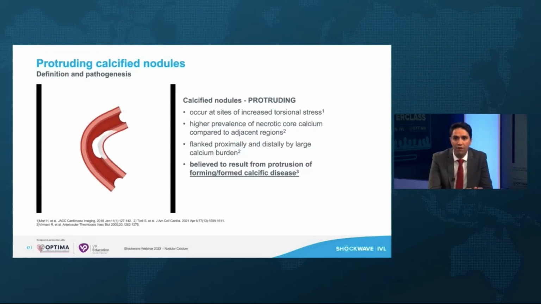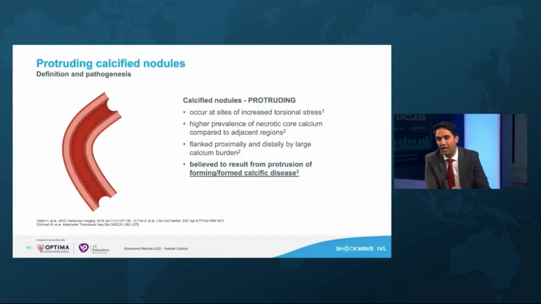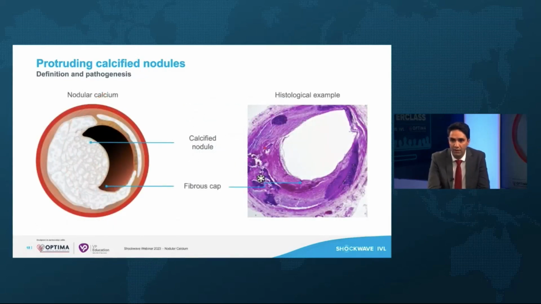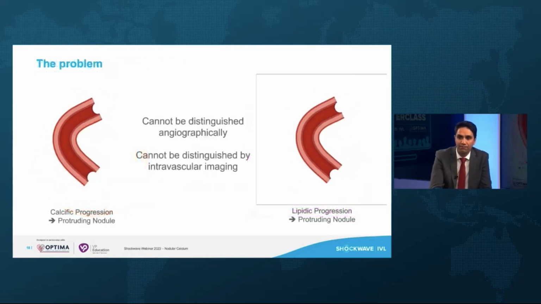And so there are fundamental differences between calcium that is on top of a lipid base and calcium that is on top of a calcified base. Now, protruding calcified nodules are hard, they protrude into the lumen, and they can often be very deep. And this has critical impact for stent expansion, eccentricity, and symmetry, as well as overall minimal stent area.